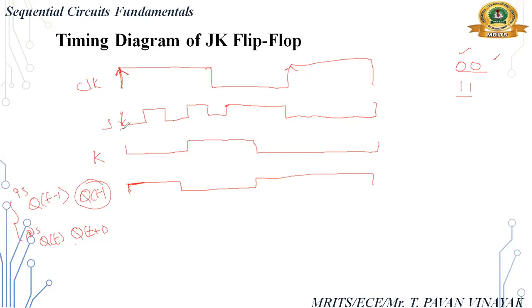This is 0, this is 0, so the output will be Q of t. What is Q of t here? 1, so I am taking 1. Until when can it change? Until we get the next positive clock pulse, the output will show 1 only. So I am taking 1 until this point.